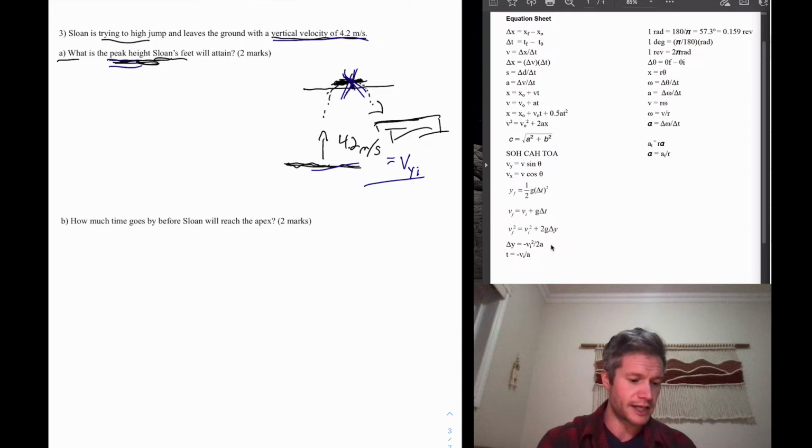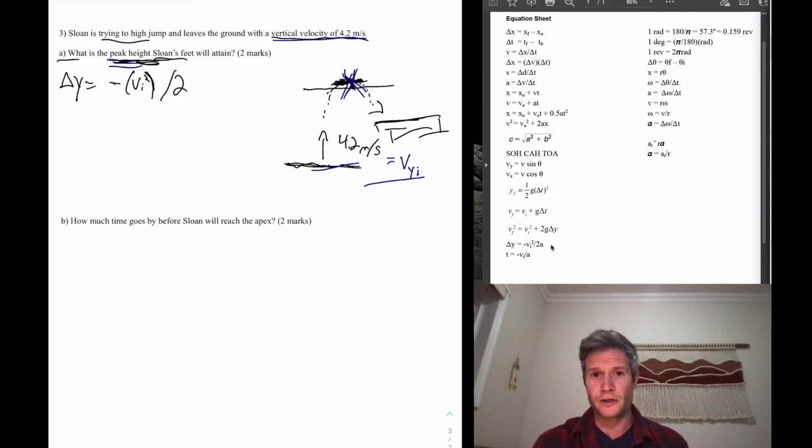Let's plot that down. So delta y equals minus v squared initial divided by 2a. Now it says 2a on your equation sheet, but as you recall, when we're dealing with free fall or projectile motion, that acceleration is actually just gravity.